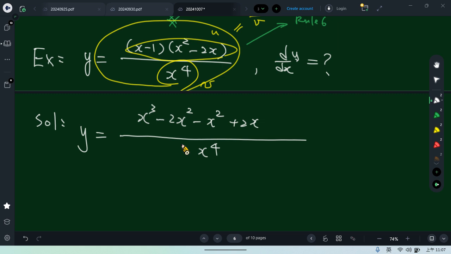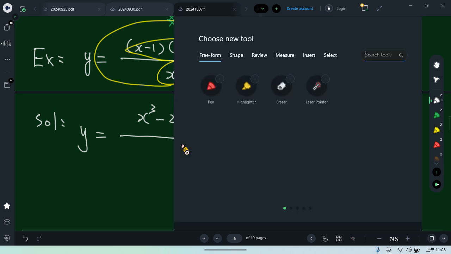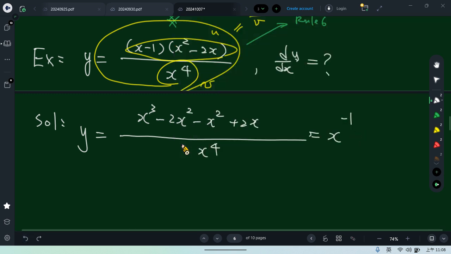I just try to expand it and get the result. And then you can find each item will be an individual term: x to the power minus 1 plus 3 times x to the power minus 2 plus 2 times x to the power minus 3.